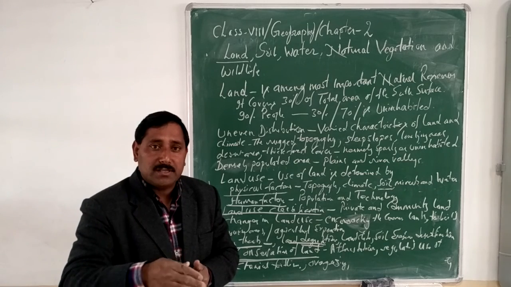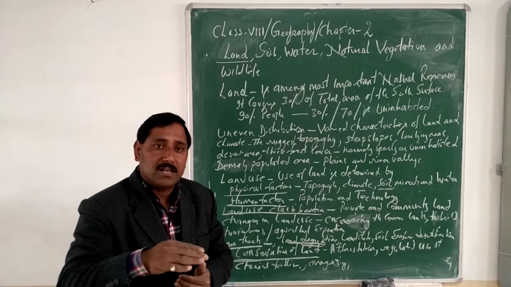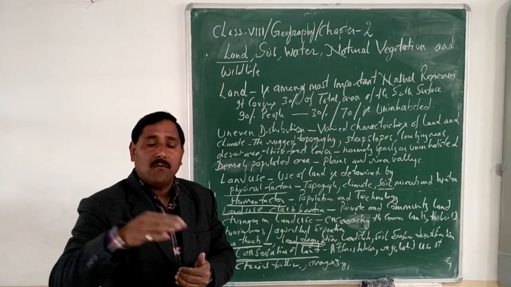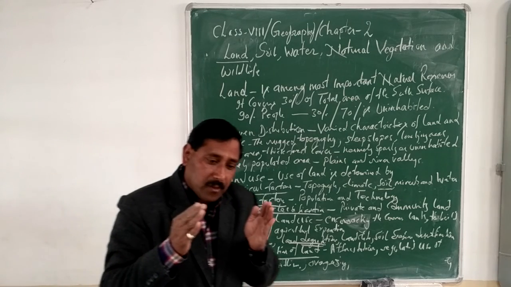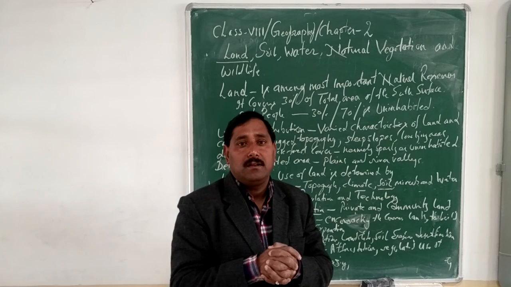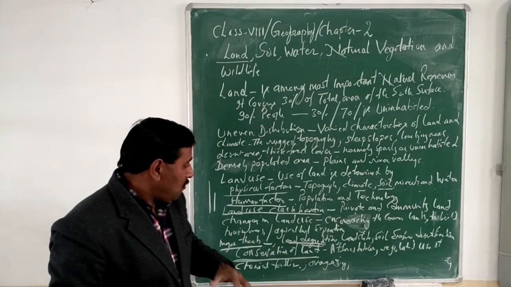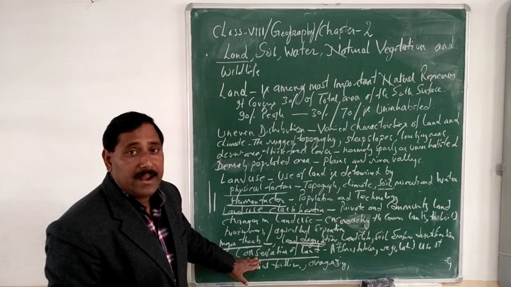More grazing means cutting down more forest cover and grasses for fodder. So that should be limited. There should be a limit on that. This is how we can ensure the conservation of land.